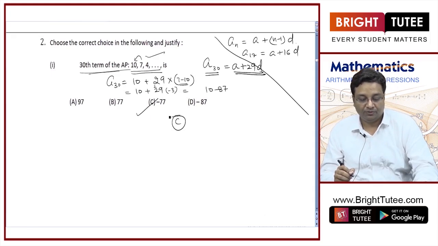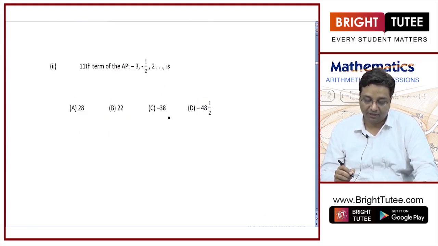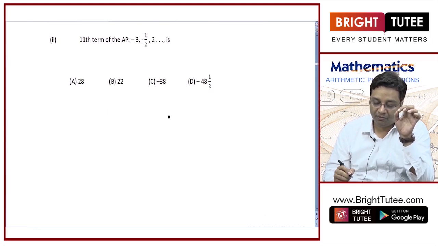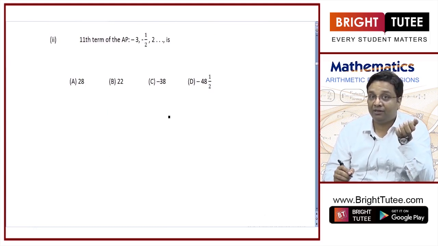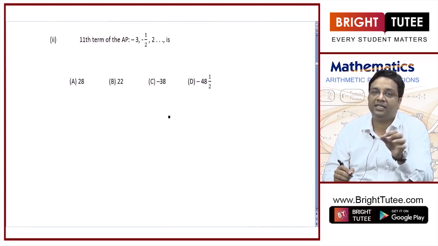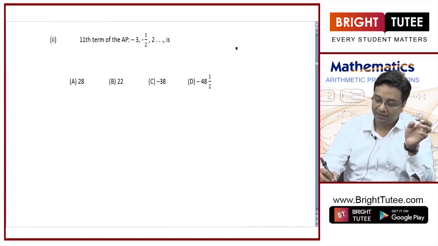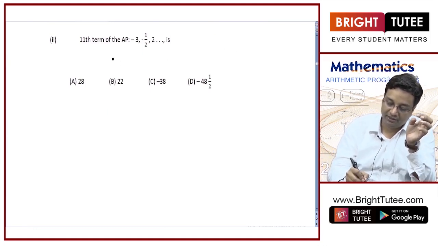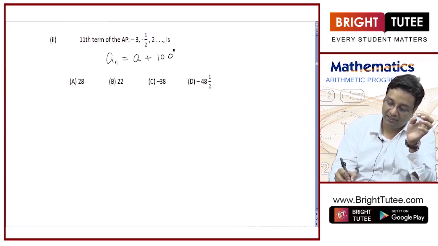Okay. So let's see what the next question says. 11th term of the AP. If I now tell you the 11th term, you will say A plus 10D. So what we need to find here is A11, which is equal to A plus 10D.